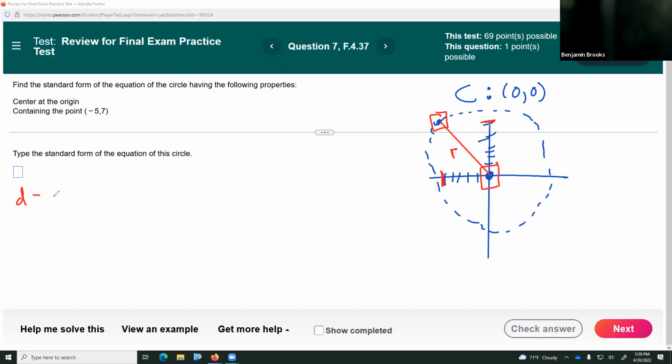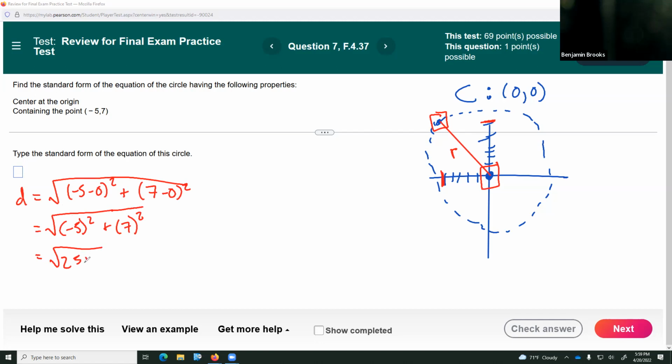So the distance is going to be equal to the square root of x2 minus x1, that's -5 minus 0 squared, plus y2 minus y1, that's 7 minus 0 squared. If I plug all that in, you end up with -5 squared plus 7 squared, which gives you the square root of 25 plus 49, which gives you the square root of 74.